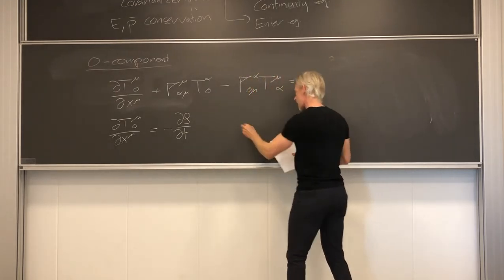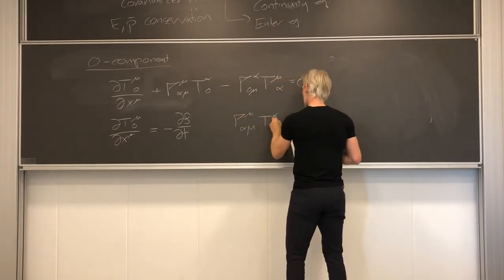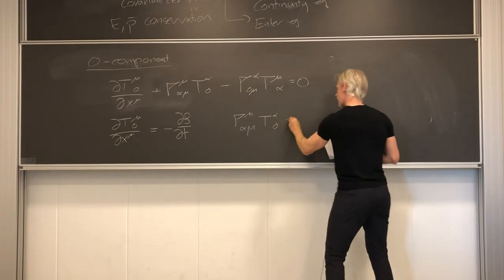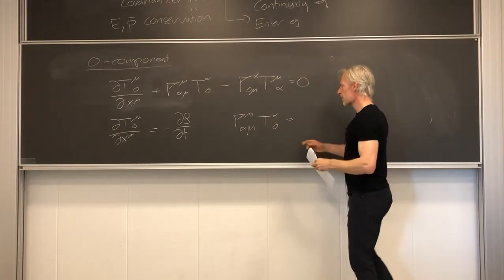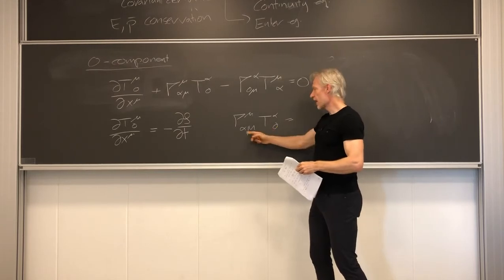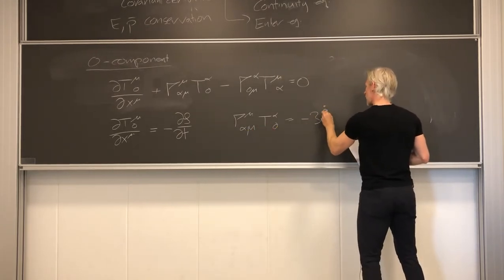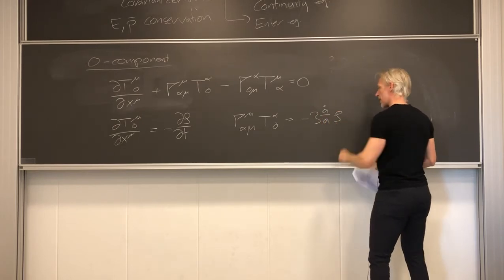Then the second term, if you actually write that out, here you can see you need to have alpha equal to 0, and altogether I get something that looks like this.